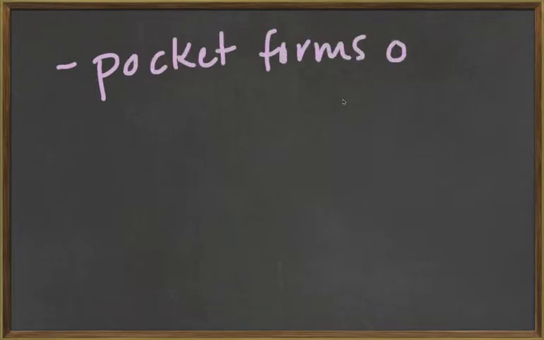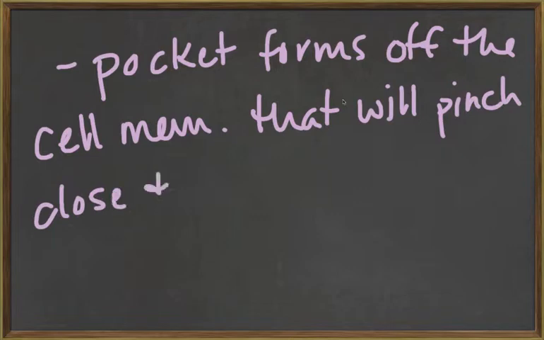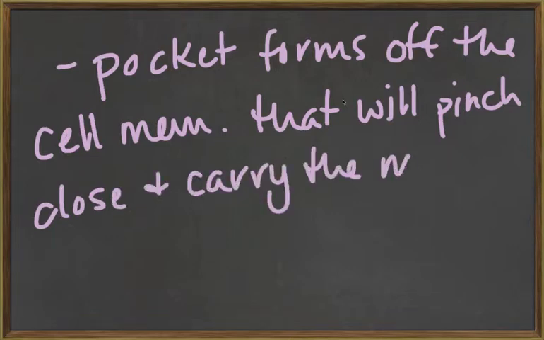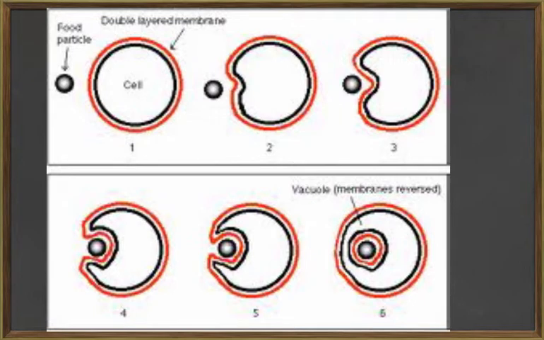How this works: a pocket forms off the cell membrane that will pinch close and carry the materials inside. What this looks like: say I have some kind of cell right here, and I have some kind of nutrient on the outside.